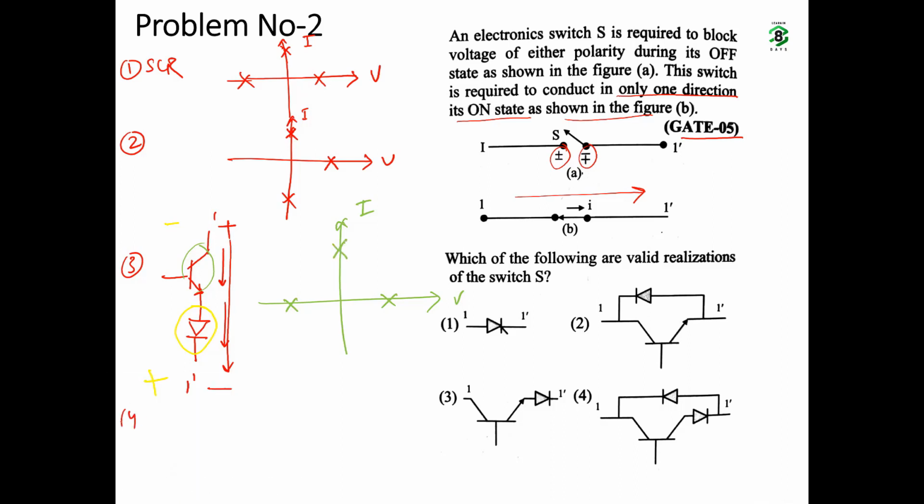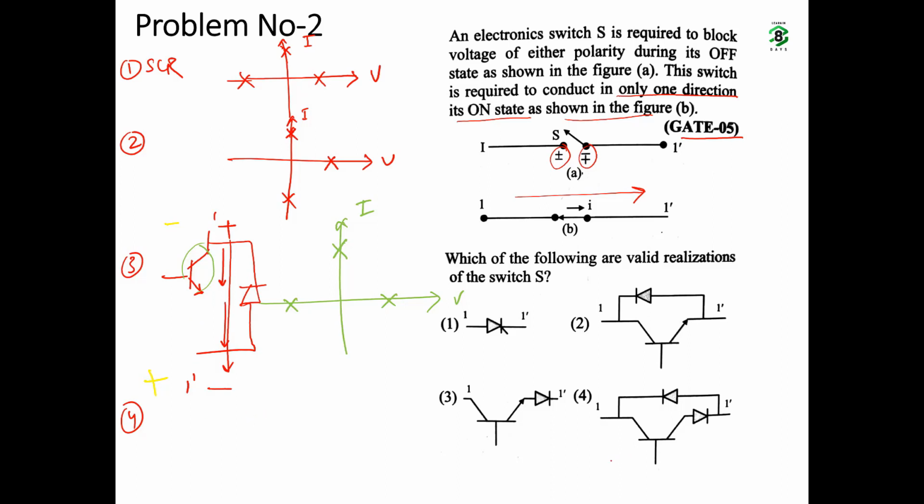The fourth one is the same as the previous arrangement, but one body diode is also present here. Let us draw it clearly.